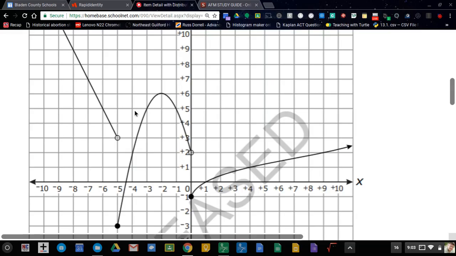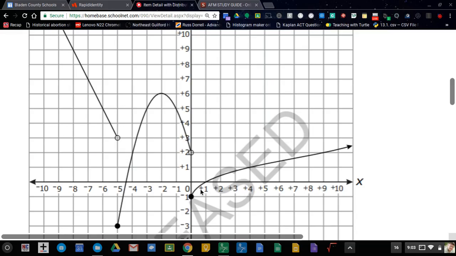It's a quadratic. The leading coefficient is positive or negative? Yeah, it's going to be negative. I'm not even asking what the particulars of the function are right now. I'm just saying what characteristics can I use to rule out some of my answers.